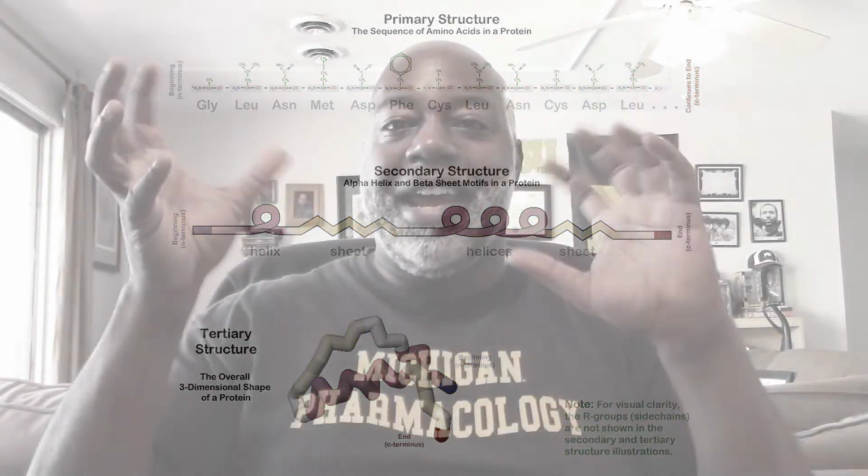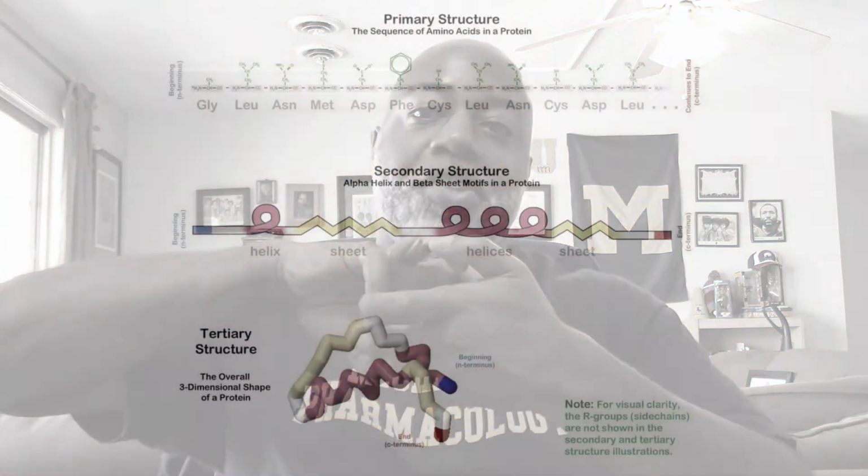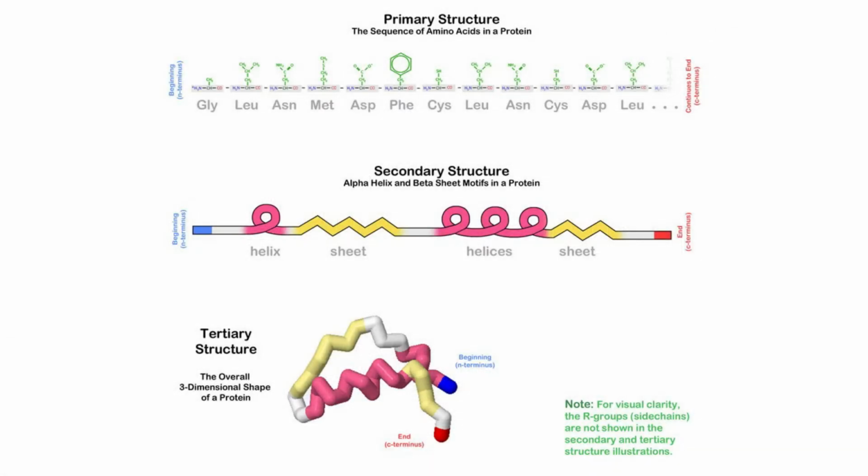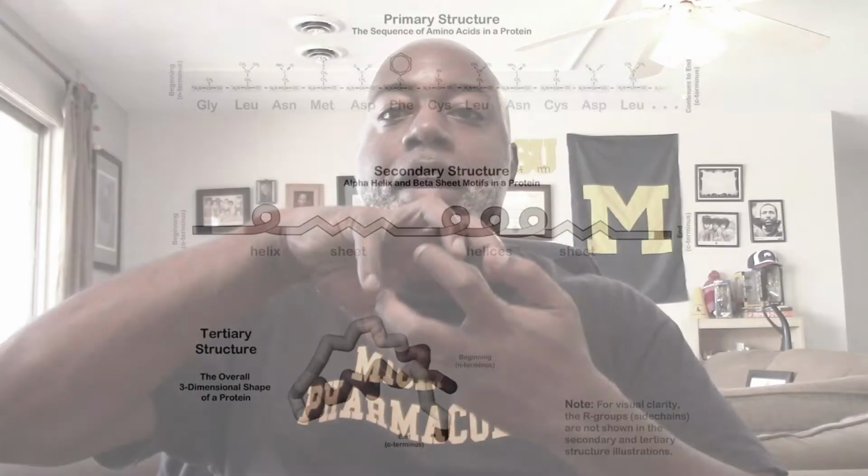So I'm using my hands here to try to show you how something forms and folds into a three-dimensional structure. But that's the tertiary structure. You want to think about a three-dimensional conformation that is dictated by the chemical properties of the amino acids in that entire protein sequence.